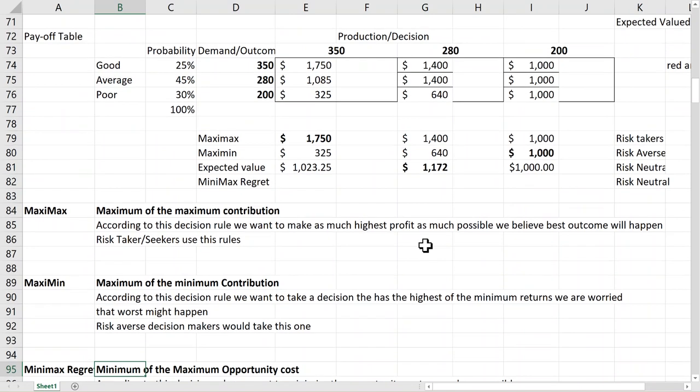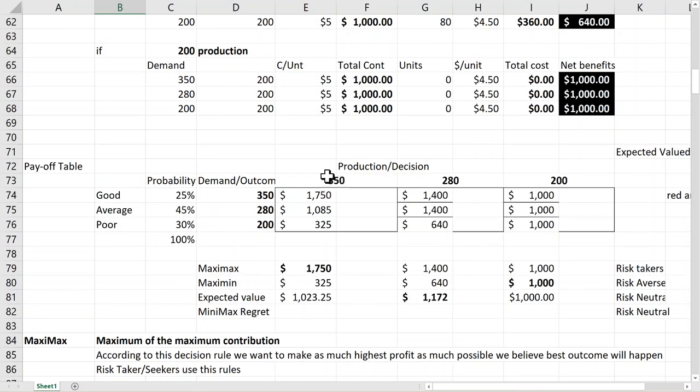Like here, there are three alternatives. So let's say if I've decided 350 and better outcome is with 280, so I will regret and say, I wish I had decided on 280. If I decide on 280 and the best outcome is with 350, then I would wish that I had produced at 350. So we want to see how much is this opportunity cost in each of those decisions.